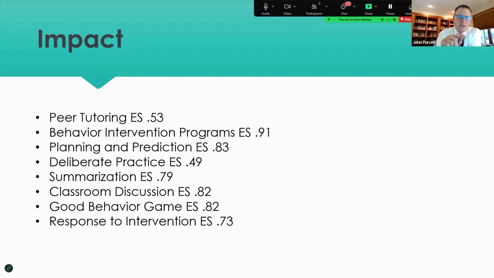The point of this is peer tutoring, behavior intervention programs, you can read those on your own, is to be aware of what is effective based on meta-analysis, analysis of many studies, investigating that and using that. And if you're doing it, especially at grade levels or as a school, all the better. But if third grade teachers are committed to, for example, summarization and know what that looks like when it's successful, they're going to use that, especially if they're using the retell, for example, in peer assisted learning.